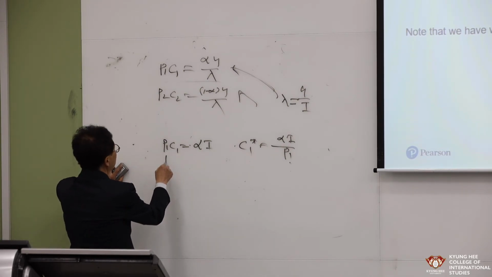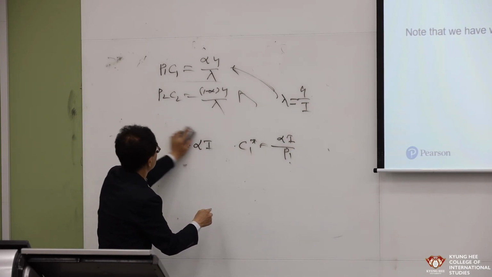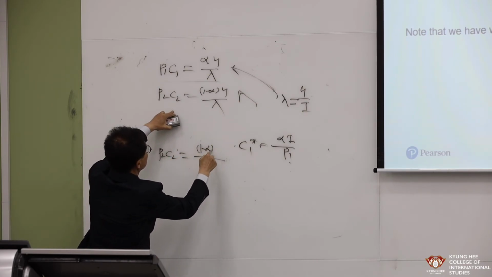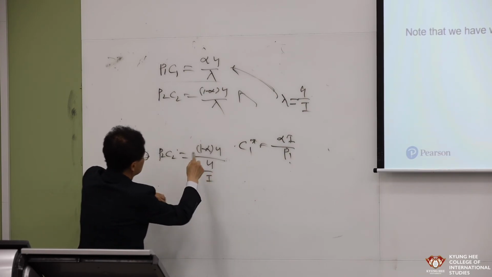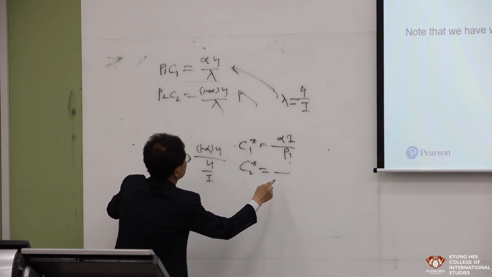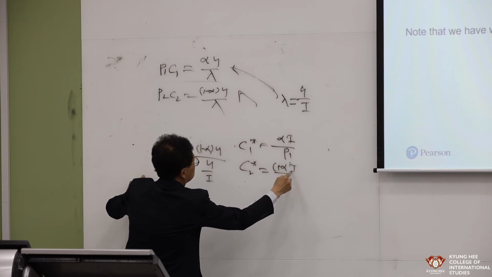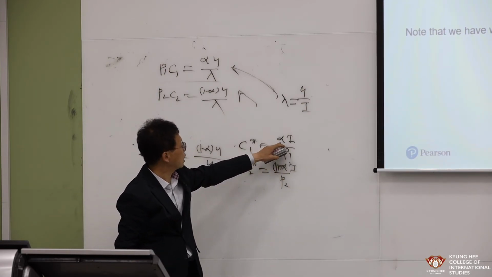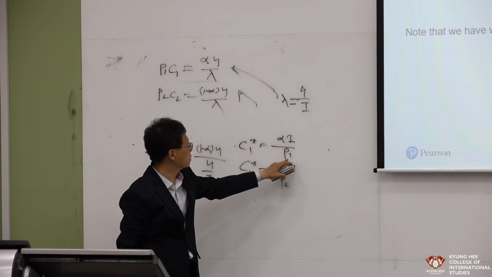Similarly, we know that P2C2 is equal to 1 minus alpha U, and lambda is equal to U over I. So rearranging this, we can get C2 star is 1 minus alpha I over P2. So demand for good 1 is income I, the coefficient alpha, and the price.